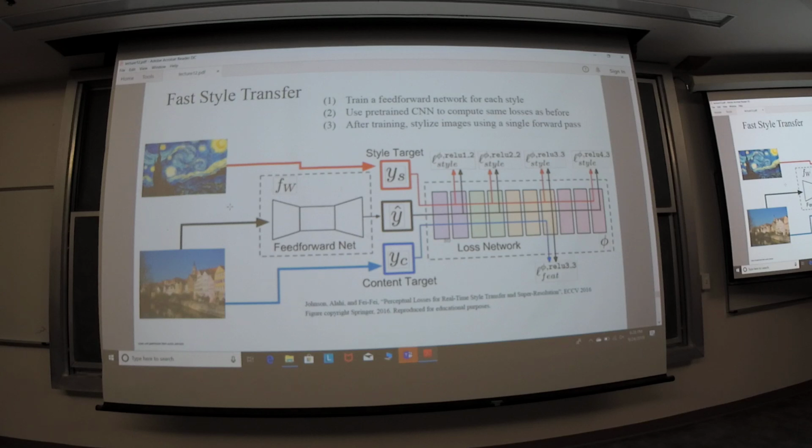What you do over here is, you see, we started off with a random noise image, and we were trying to impose this content image and the style both on that output image, right? Which started off with random noise. But now what we do is we feed in this content image through this network, and this network has been randomly initialized. So you never know what you're going to get as y hat.